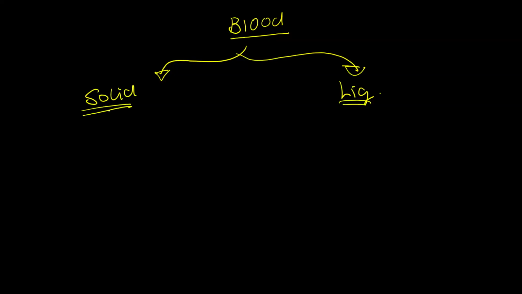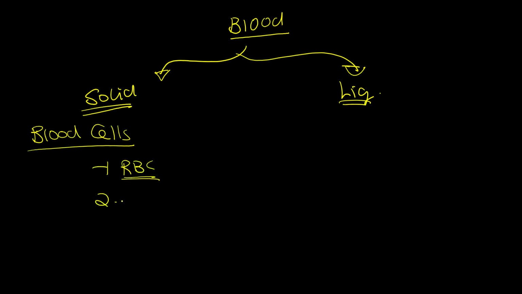Now, the solid part of the blood includes the blood cells, which include 3 cells. The 1, red blood cell, you know it very, very well. 2, the white blood cell. And 3, cell parts. It's not a complete cell, it's a cell part, like a small piece of the cell, known as the platelets.